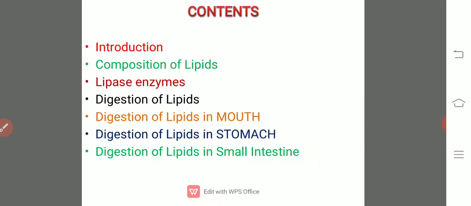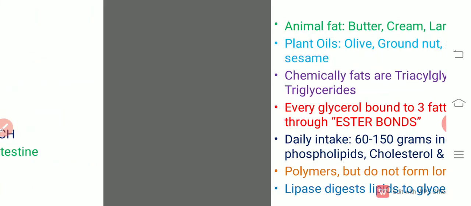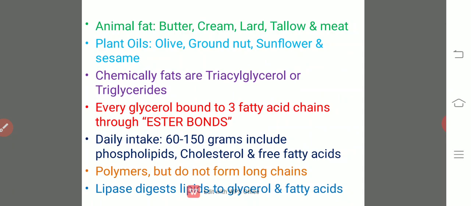Chemically, fats are known as triglycerides or triacyl glycerol. The meaning itself indicates that one glycerol molecule is bound to 3 fatty acid side chains, otherwise 3 fatty acid chains.